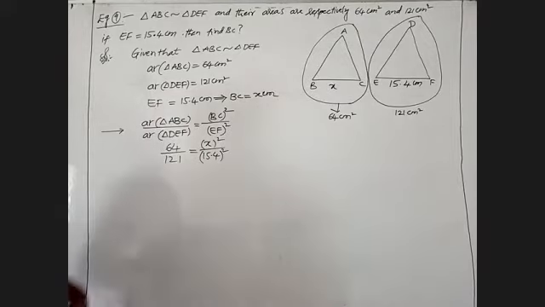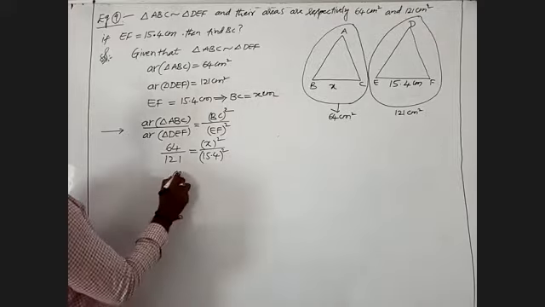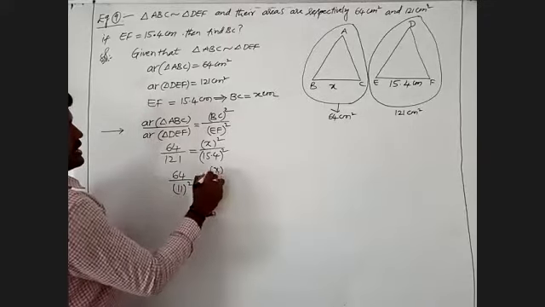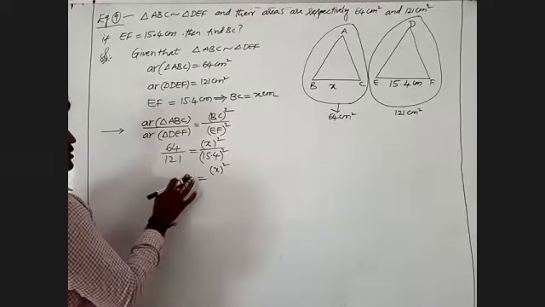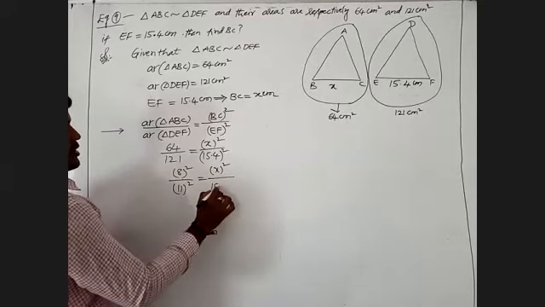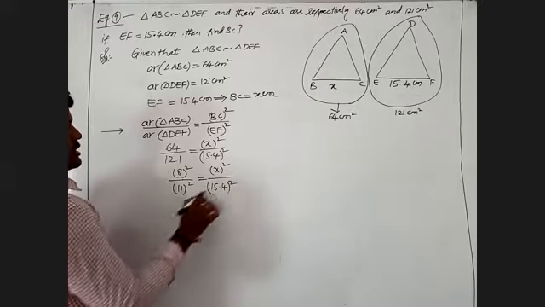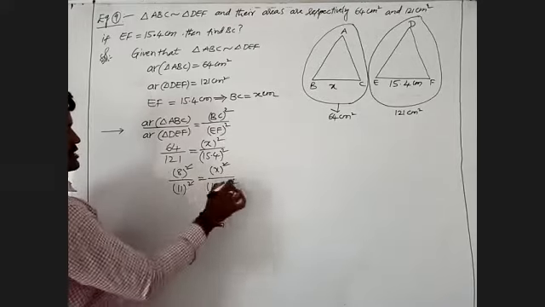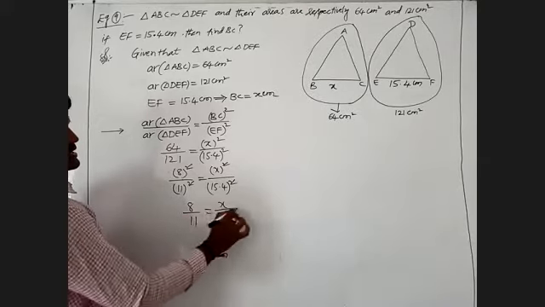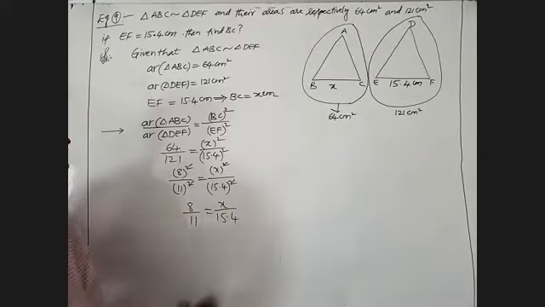We will observe this. 64 by 121 we write as 8 square by 11 square, equal to x square by 15.4 whole square. Square and square cancel. The remaining is 8 by 11 equals x by 15.4.